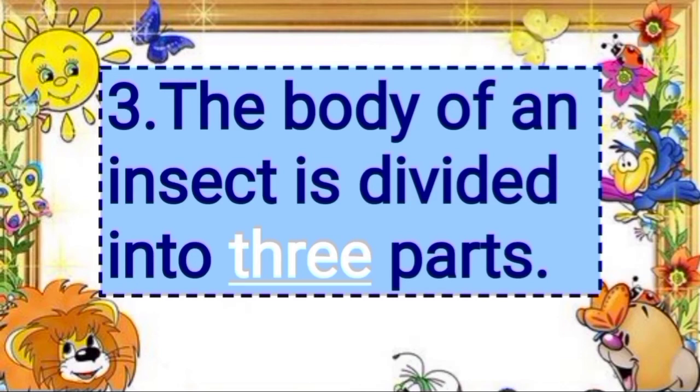So the answer is 3, which are head, thorax and abdomen. As you know, insects have 6 legs and their body is divided into 3 parts, which are head, thorax and abdomen. So the answer is 3.